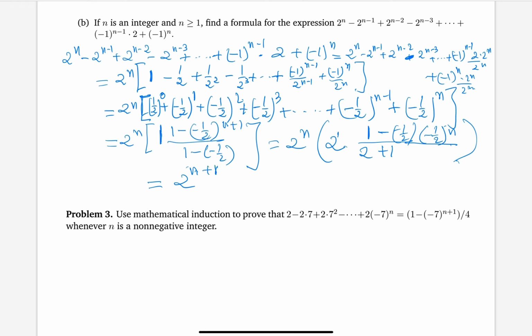And this one is just... check. It's just 2 to the n plus 1. Okay, and check.